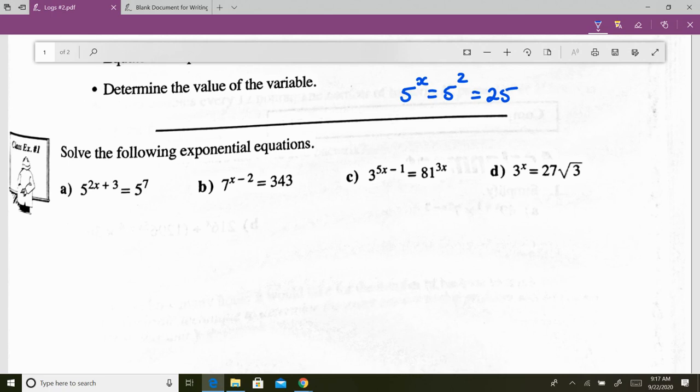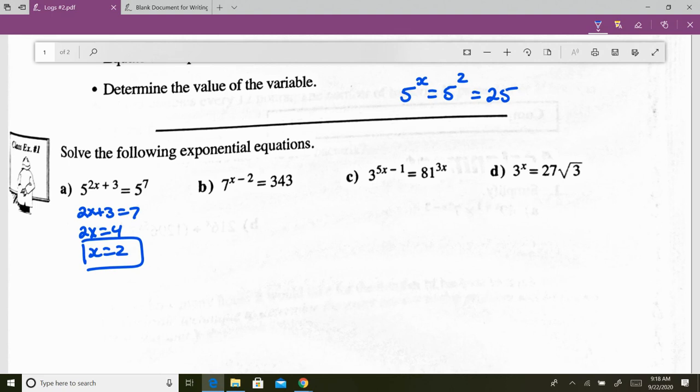So in the first one, we have 5 to the power of 2x plus 3, equal to 5 to the power of 7. Are the bases the same? Yes. If the bases are the same, you ignore them and just deal with the exponents. So 2x plus 3 is equal to 7. Then it's just algebra. Move the 3 over. 2x is equal to 4, so x is equal to 2.